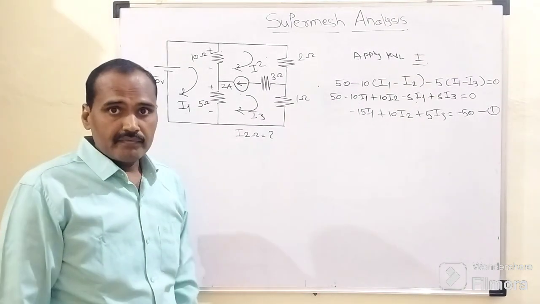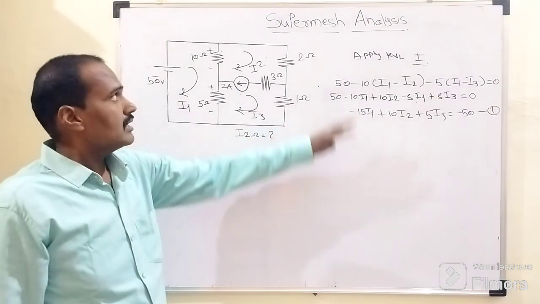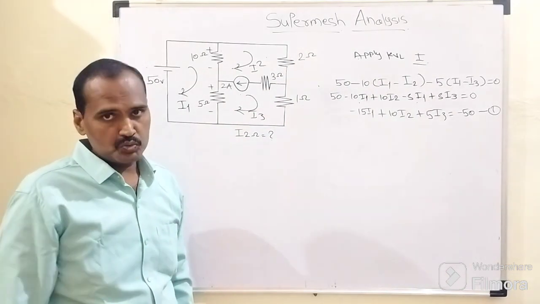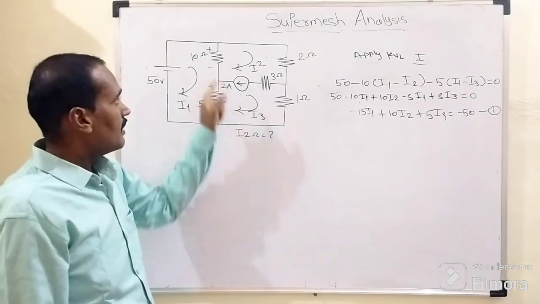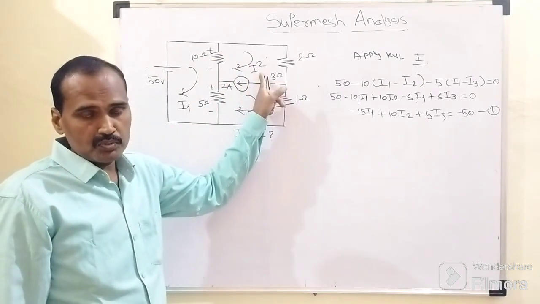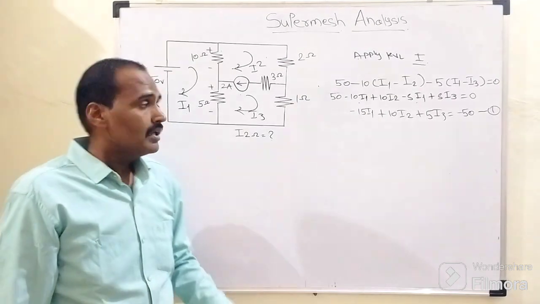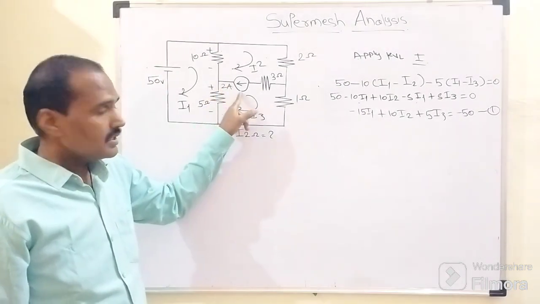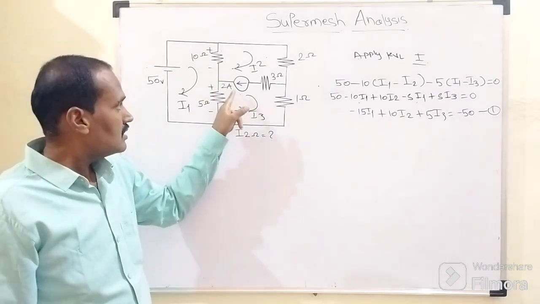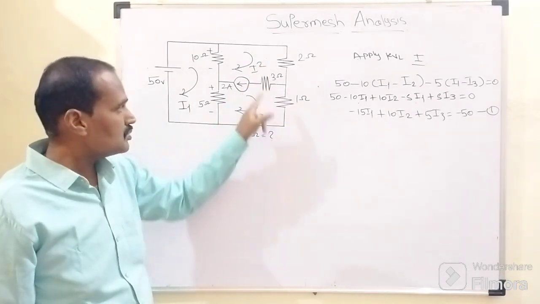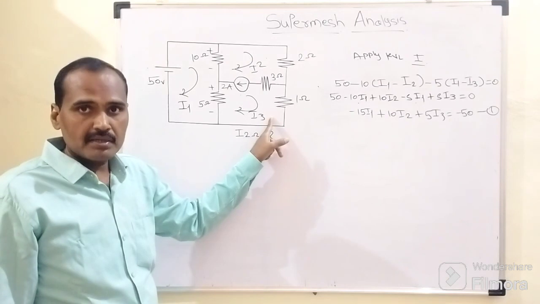Now next, at this moment we will come to know the significance of this super mesh. What do you mean by this super mesh? Right. So when we apply this Kirchhoff voltage law to mesh number 2, at that time we will come to know there will obviously be a current source of 2 ampere associated with mesh number 2 as well as mesh number 3.